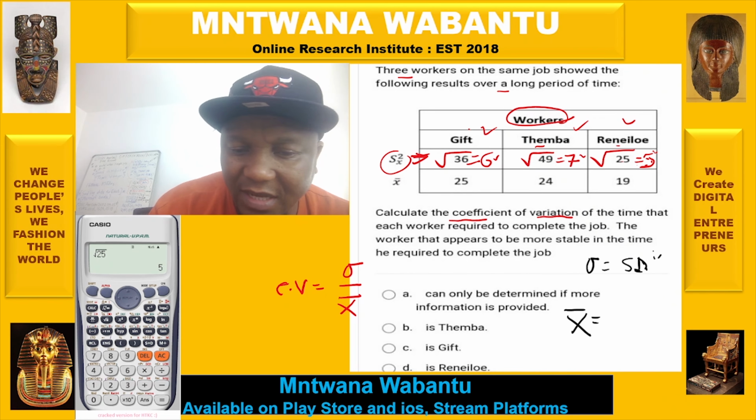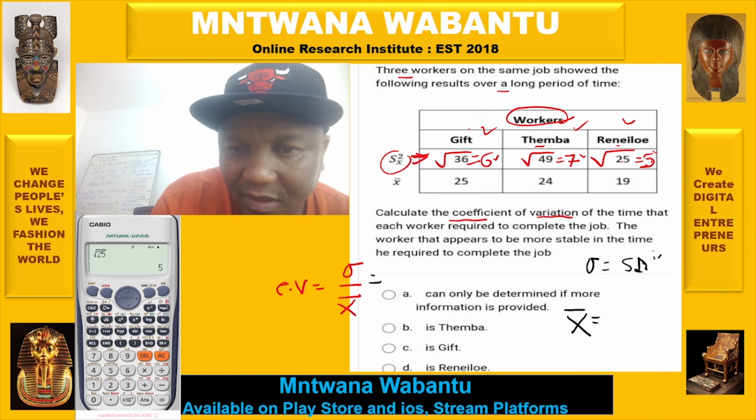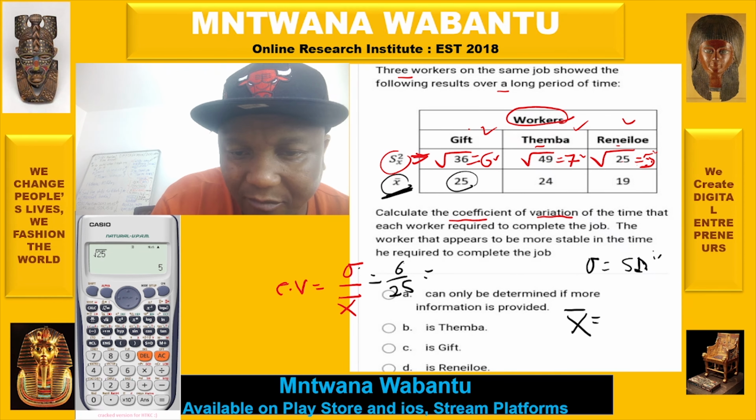Let's find the coefficient of variation for Gift, which is G. The standard deviation of Gift equals 6, over the mean, which they give here straight away. Mean equals 25.